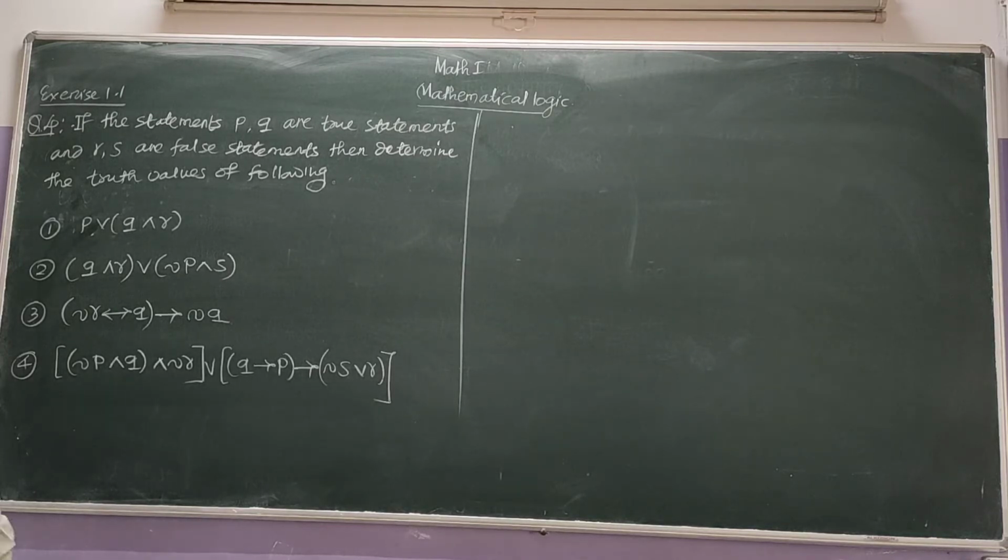Example number 4 in exercise 1.1: if the statements P and Q are true statements and R, S are false statements, then determine the truth values of the following. Therefore, solve these 4 examples one by one.